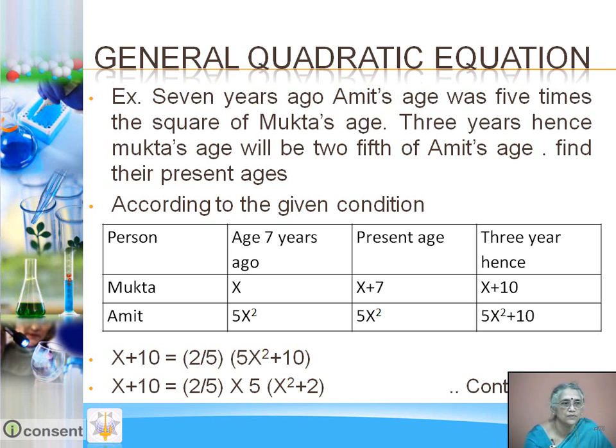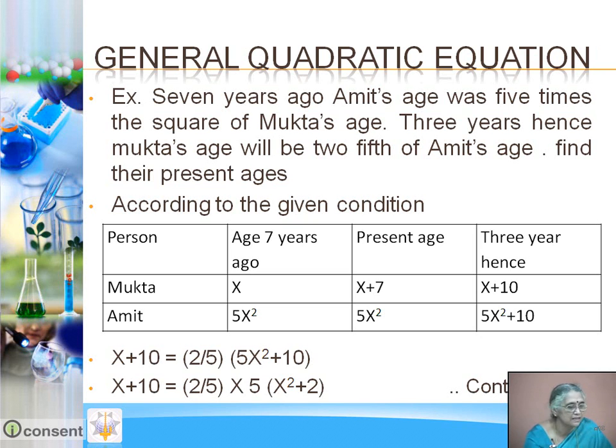In this example, though you are asked to find the present age, it is easy to assume the age before 7 years. So, I will assume Mukta's age 7 years ago be x years. And therefore the present age is x plus 7 years.